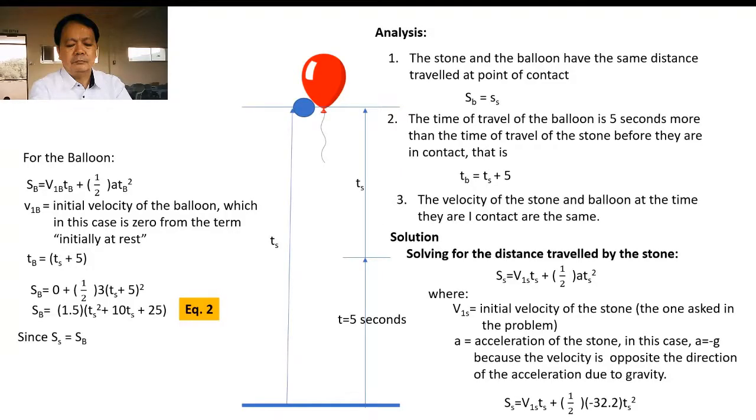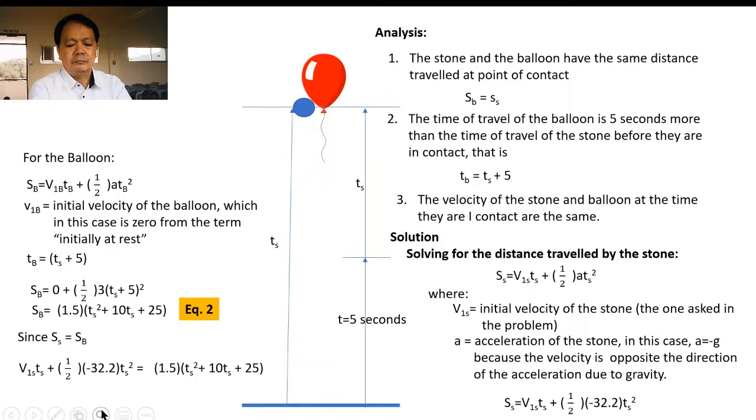Now, if we substitute in the relationship that the distance traveled by the stone is equal to the distance traveled by the balloon, our equation becomes V sub 1S times T sub S plus 1/2 of negative 32.2 T sub S squared, which is the distance traveled by the stone, shall be equal to 1.5 of the quantity Ts squared plus 10 Ts plus 25, which is the distance traveled by the balloon.